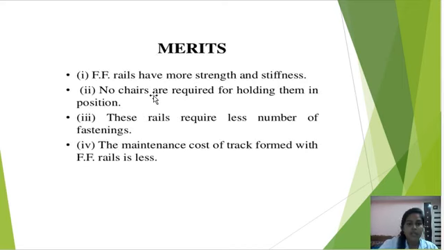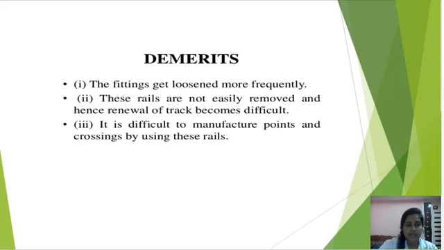So the merits of flat-footed rails: they have more strength and stiffness. They do not require any chairs or wooden keys for holding them in position. These rails require a smaller number of fastenings. Maintenance cost of track formed with flat-footed rails is also less.